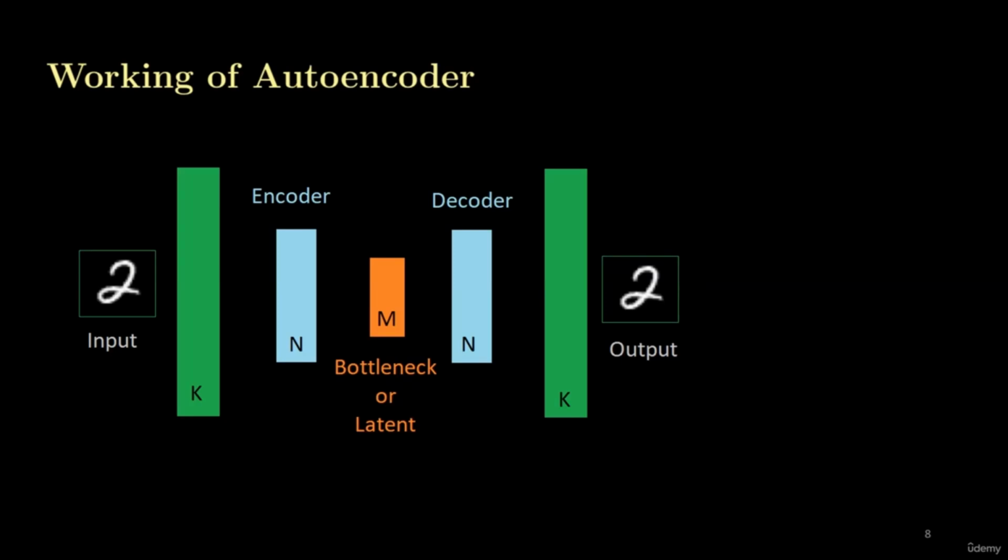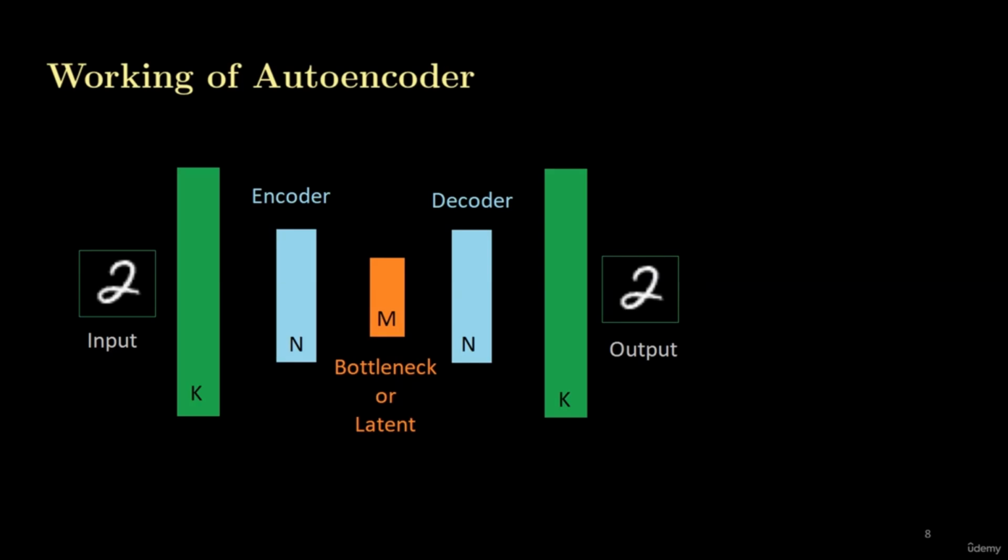By reducing the dimensionality, we are also able to clean the data, remove the noise, and extract useful features from the input data. So this is the working of the autoencoder: we expect it to generate the output which is exactly the same as the input.